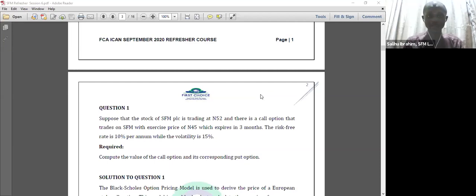That is the question. Now, before we attempt to solve this question, it is necessary that we understand the concept of an option. Okay. Now, what is an option? An option, by definition, is a right that a holder of the option has to buy the underlying asset at the exercise price agreed in the option and at a future date, in return for what? For a premium.